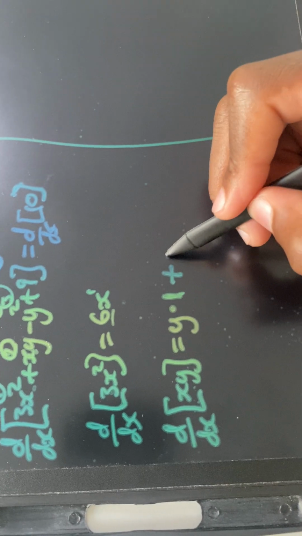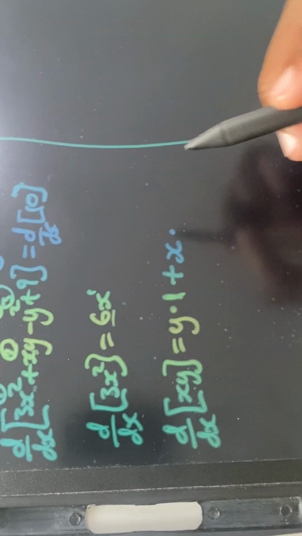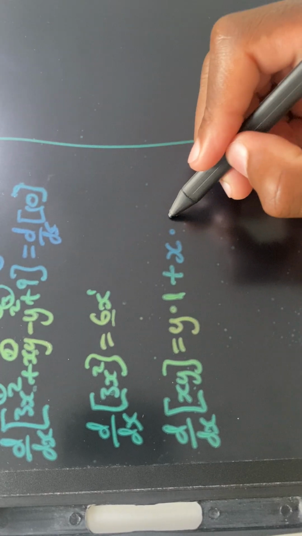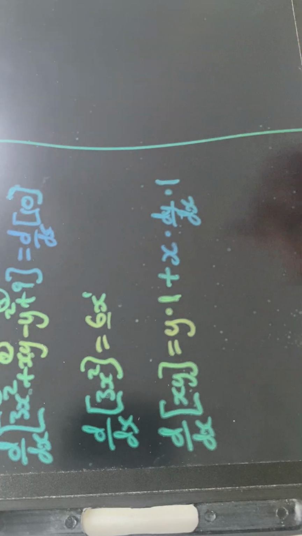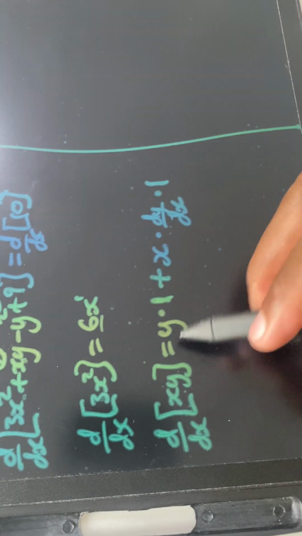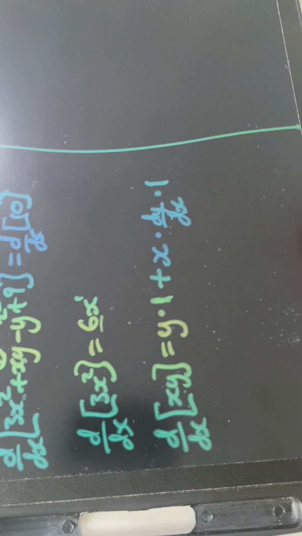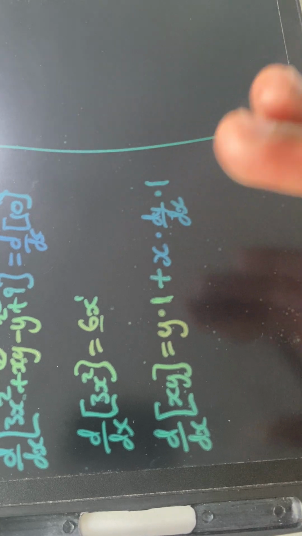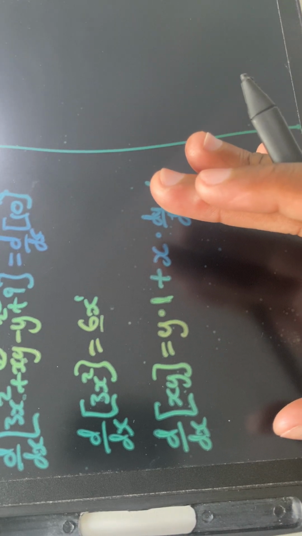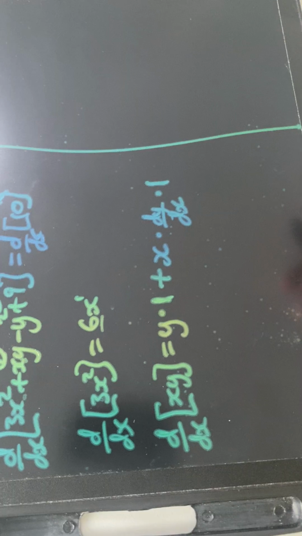Plus, we are going to leave x, multiply by the first derivative of y, which is going to be dy dx multiplied by 1, because the first derivative of y is 1, right? And then I said whenever you find the first derivative of a y variable, it is the first derivative of that y variable times dy dx, because we are using the chain rule, right?